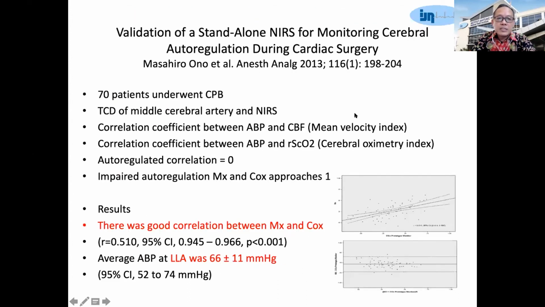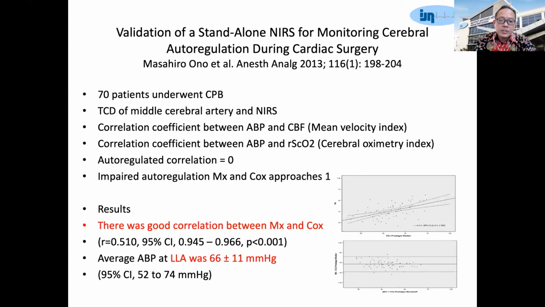Again, Masahiro Ono compared the cerebral oximetry and the mean velocity index. He looked into 70 patients who underwent cardiopulmonary bypass, and he found that there was a good correlation between the mean velocity index and the cerebral oximetry index.